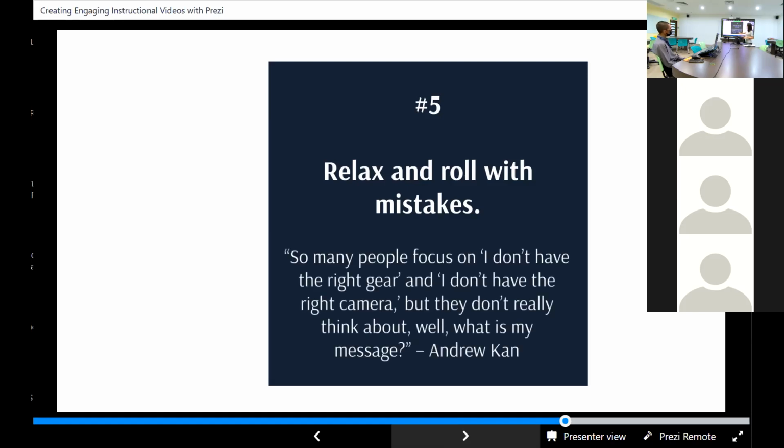There's this quote by Andrew Khan that says so many people focus on "I don't have the right gear, I don't have the right camera," but they don't really think about, well, what is my message? This is also quite common whenever I share with colleagues about making videos. They tell me, oh, my camera is no good, my face is not nice, my voice is not good on the laptop, I've got no money, my mic is not working well, everything about the equipment.